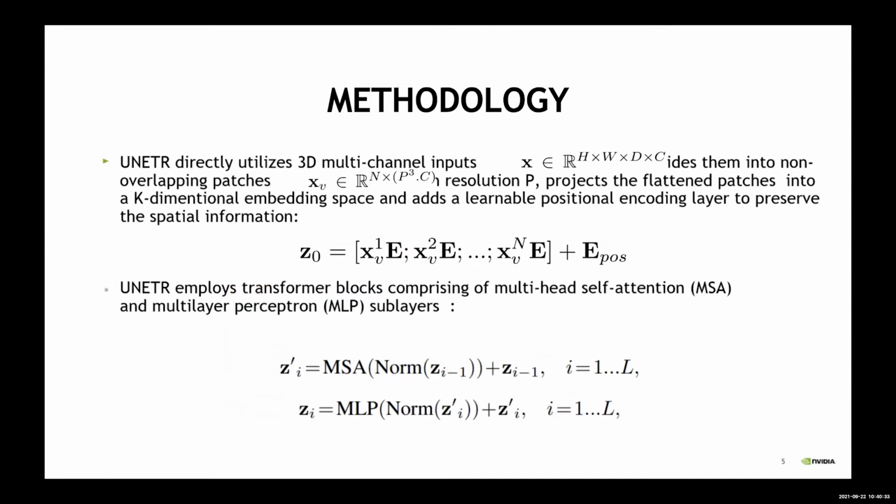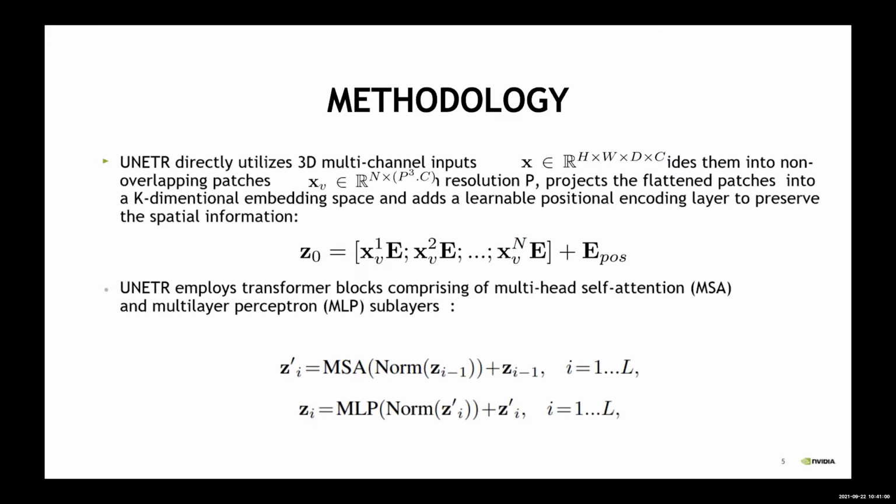Following the nomenclature of these transformer models, we use a desired patch resolution P, in this case 16 by 16 by 16. We break the image into non-overlapping patches and use a K-dimensional embedding space to project the extracted patches.